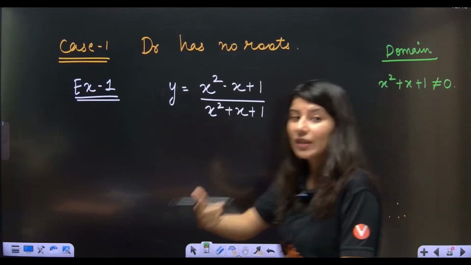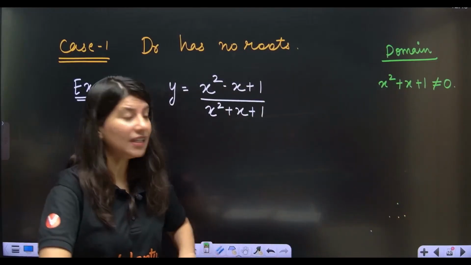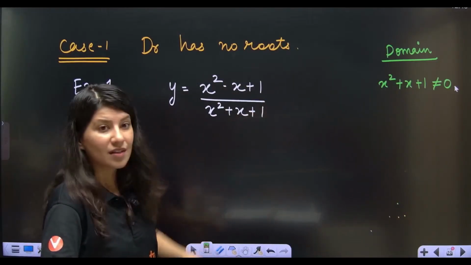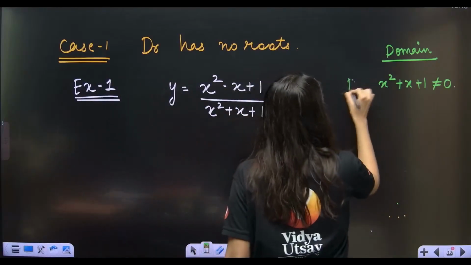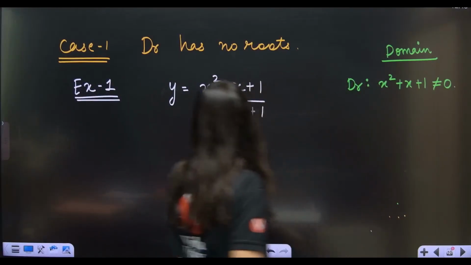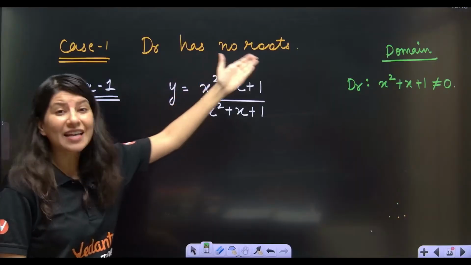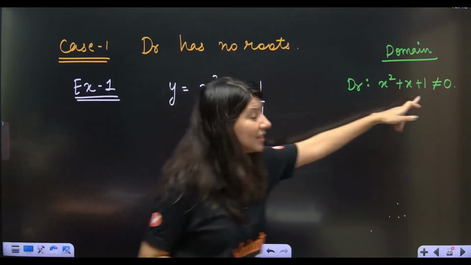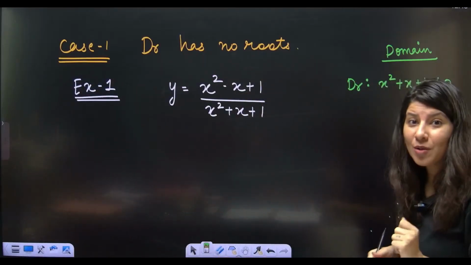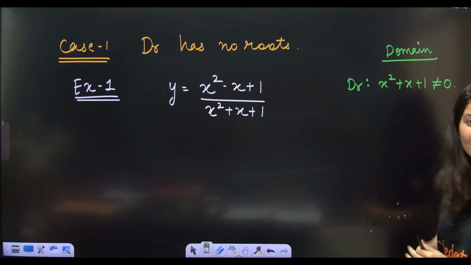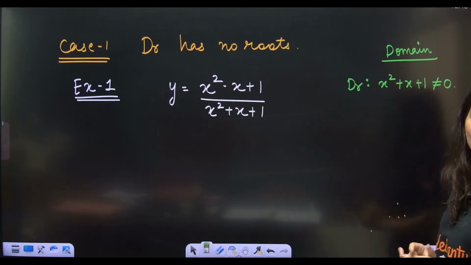Now you have to think, when exactly is this expression, which is the denominator, going to be 0. And I have taken a case where the denominator has no roots. That means it can never be 0. It is a ghost polynomial, if you remember. It can never be 0. It will always remain positive.